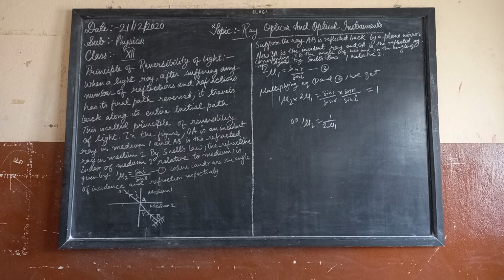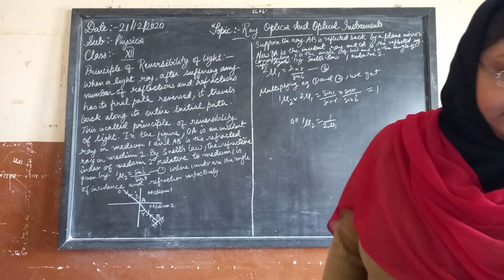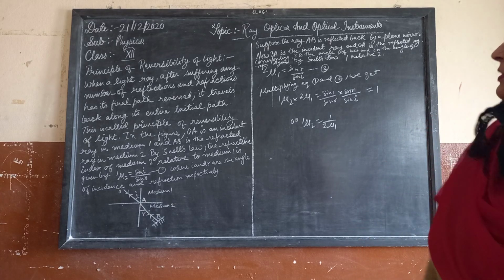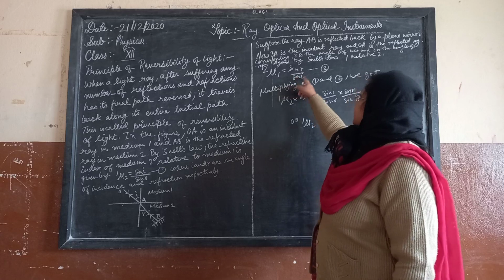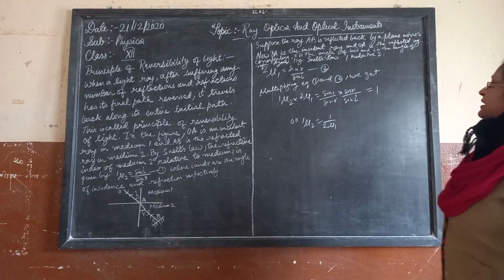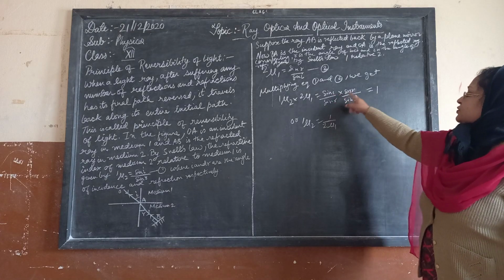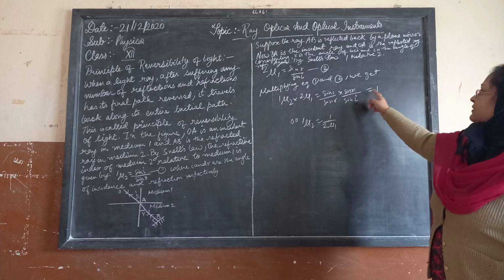Again by Snell's law, the refractive index of medium 1 relative to medium 2 is given by 2μ1 = sin R / sin I, second equation. Now multiplying equations 1 and 2, sin I / sin R into sin R / sin I, everything cancels and we get 1.